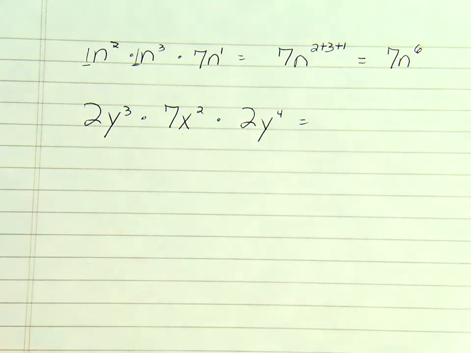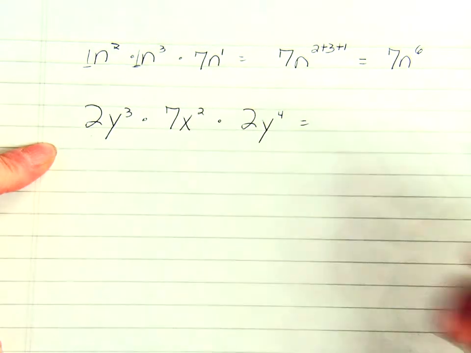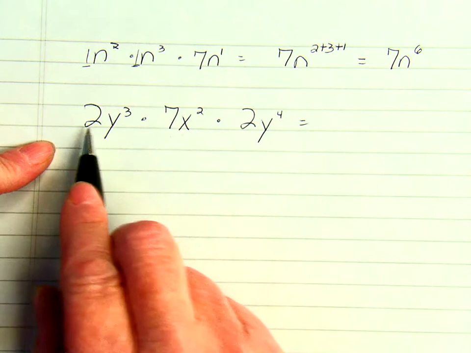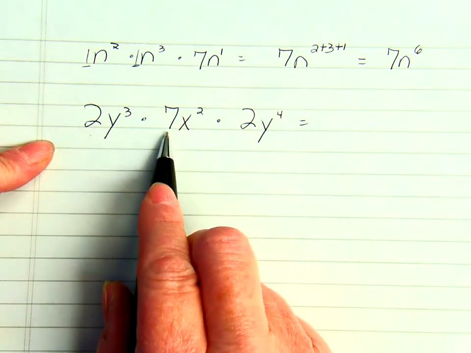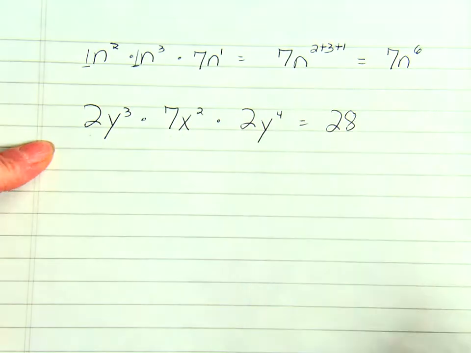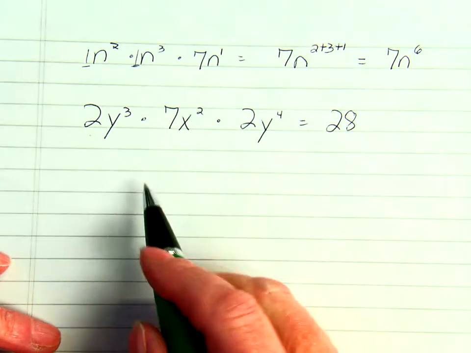So we're going to start by, once again, multiplying our coefficients. First, we'll multiply our coefficients together. So we've got 2 times 7, which is 14, times 2, and we have 28. Okay, so now coefficients are done. Now we're going to go, and I always work alphabetically. I just think it's a good way to work since that's how we want to write it.